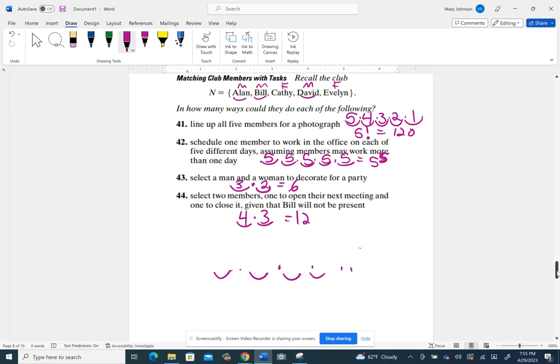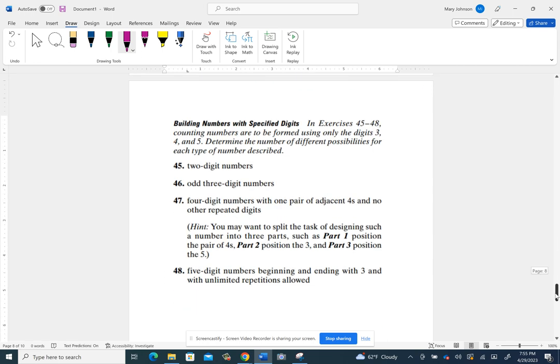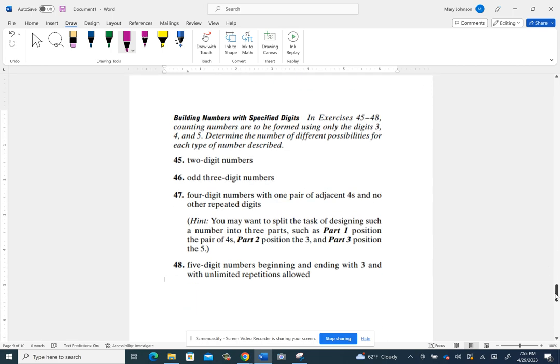All right, so a few more they suggested we look at deal with building numbers that have specified digits. Okay, so in this one, we're going to make counting numbers formed by the numbers 3, 4, and 5, and we want to determine the number of different possibilities for each type of number described. So we're only using 3, 4, and 5, not all the digits from 0 to 9, and we're going to create 2-digit numbers.